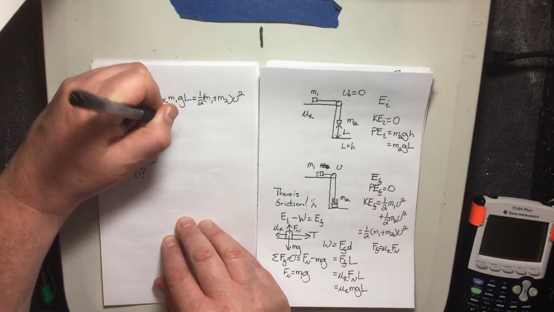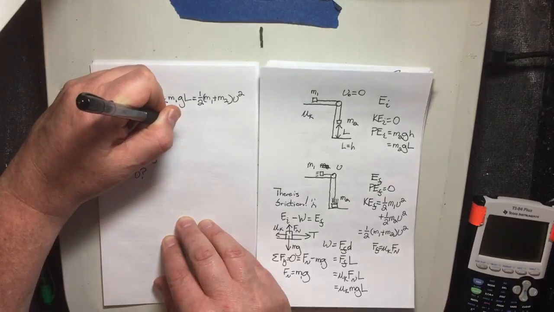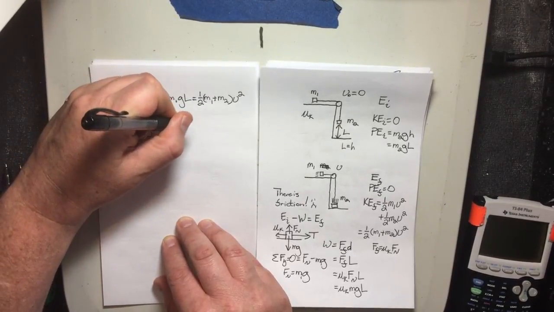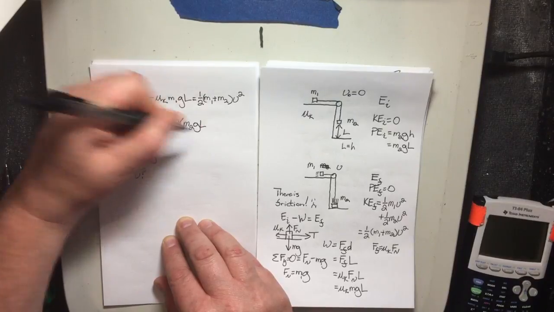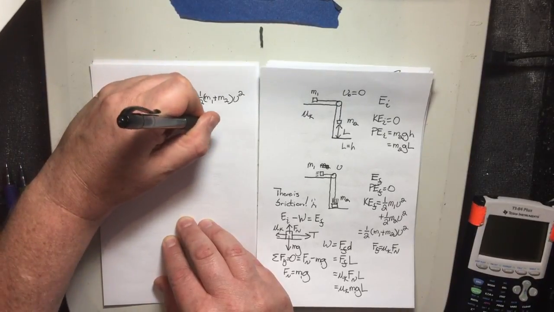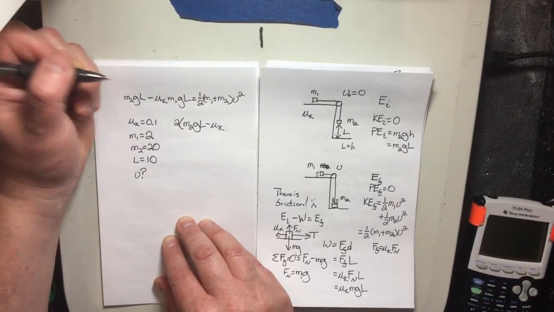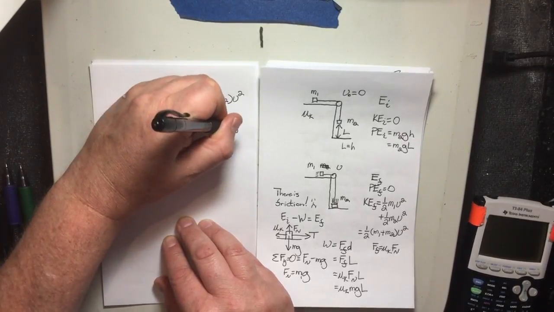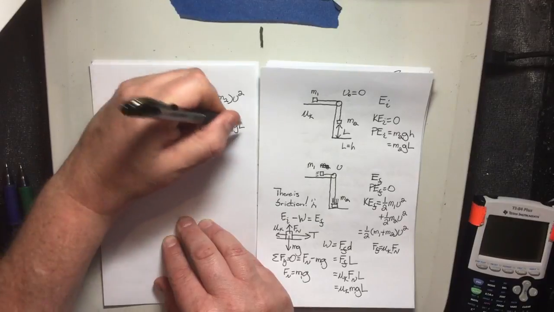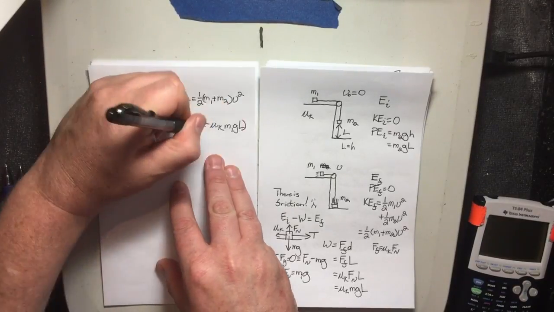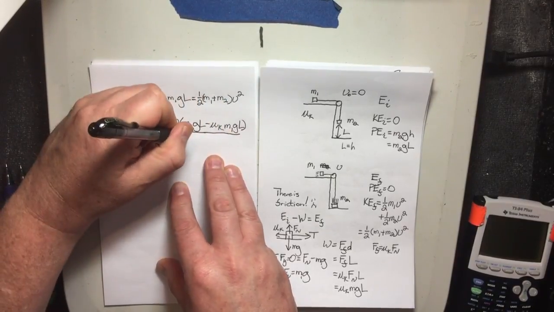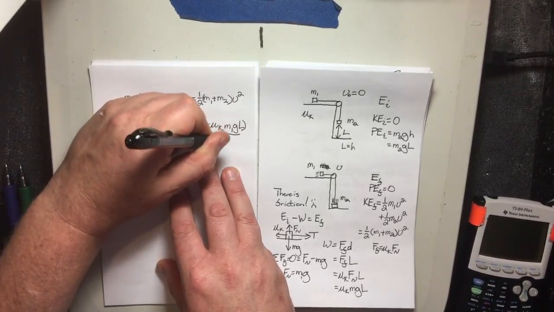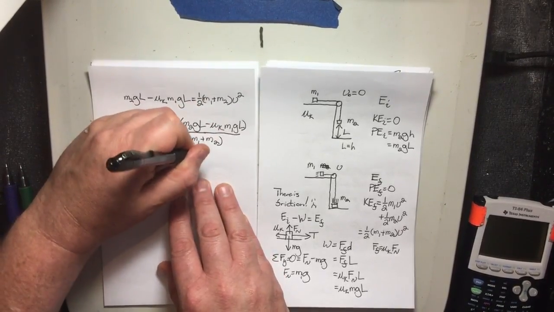So this becomes 2 M2GL minus mu sub K M1GL divided by M1 plus M2, and that is equal to V squared.